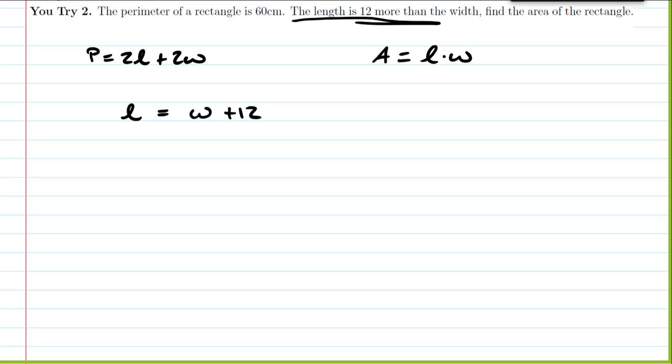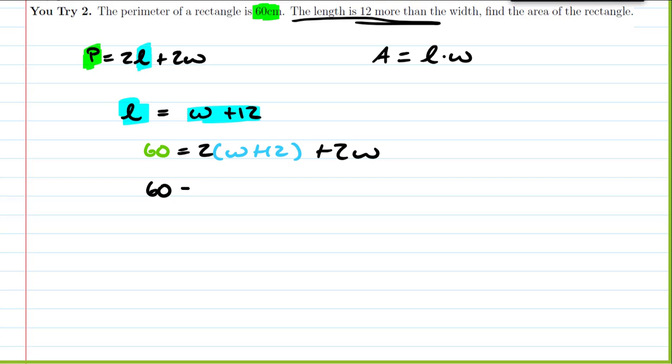And if I were to put this into my perimeter equation with the value of our perimeter, which is 60, we would end up with the equation 60 is equal to 2 times W plus 12, plus 2W. And we open our parentheses by distributing, so we get 60 equals 2W plus 24 plus 2W.